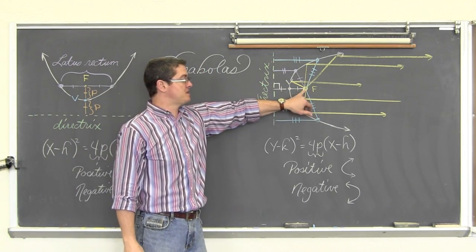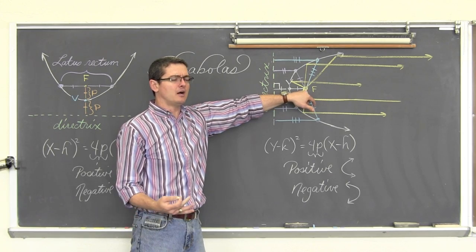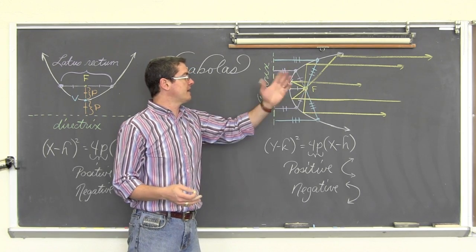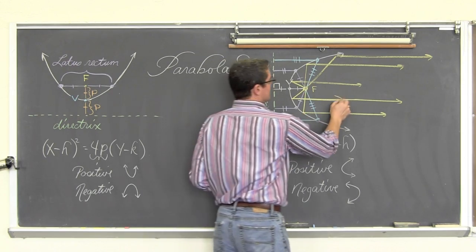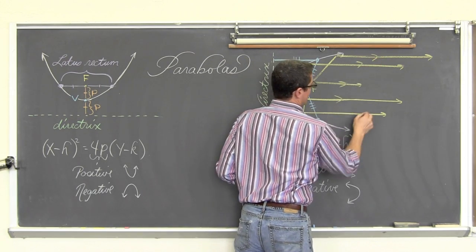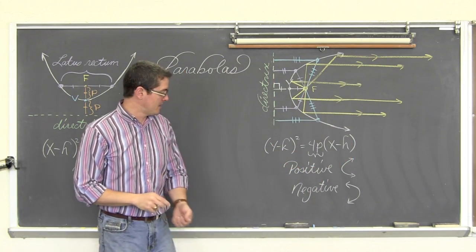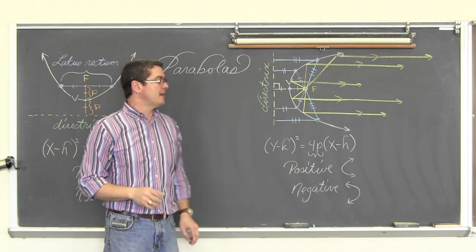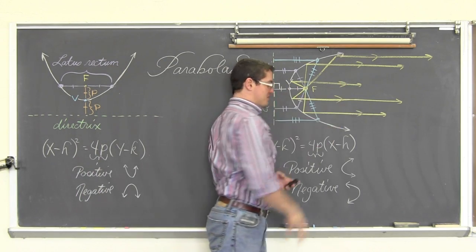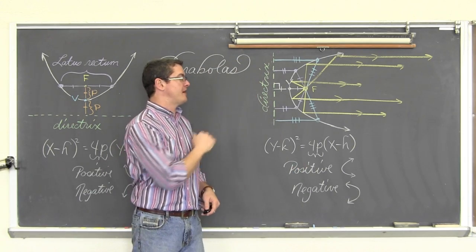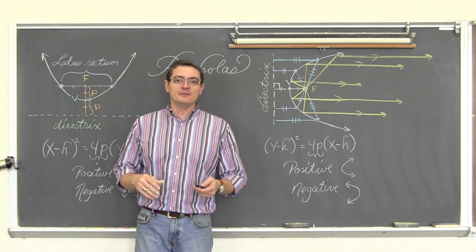So this could be a receiver for a satellite dish or a microphone, or in the case of a flashlight where it's emitting energy, all the light waves coming out of that parabola, if it's a perfect parabola and the light is right at the focus point, are all going to come out in a parallel fashion. So you can see this would have a lot of real-life applications in the world that we live in.